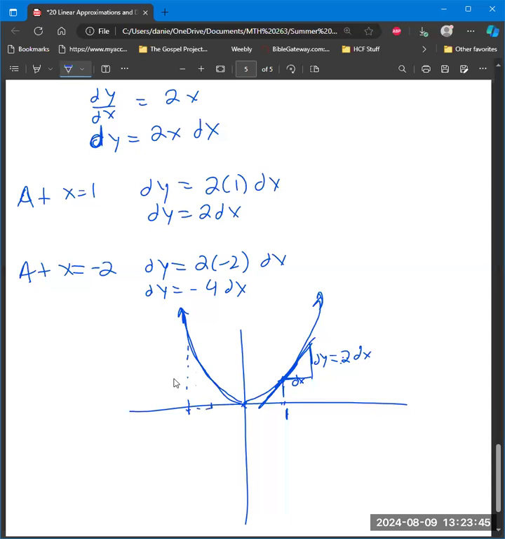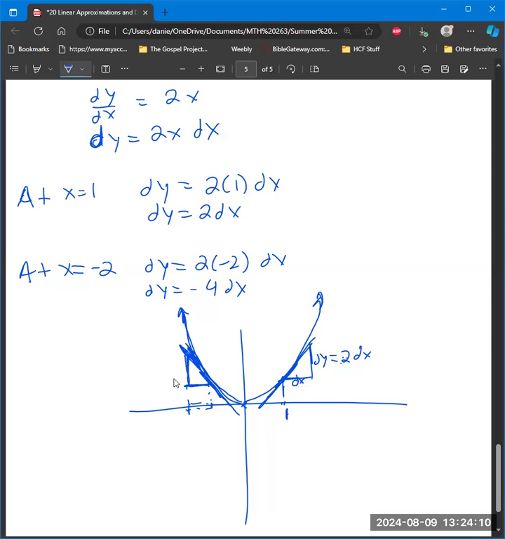Let me go out to somewhere over here, and then let's say like this. There's my slope triangle.